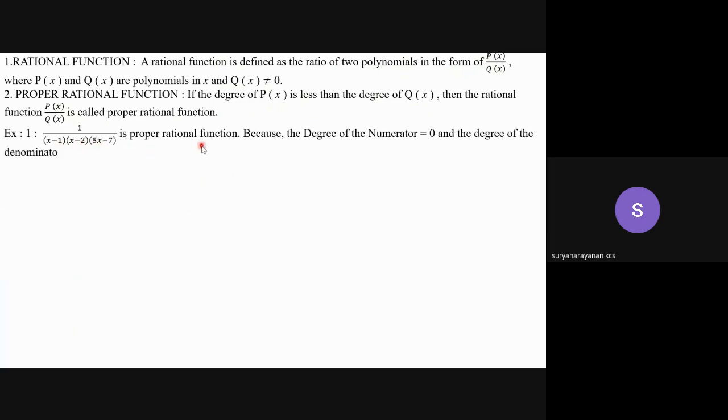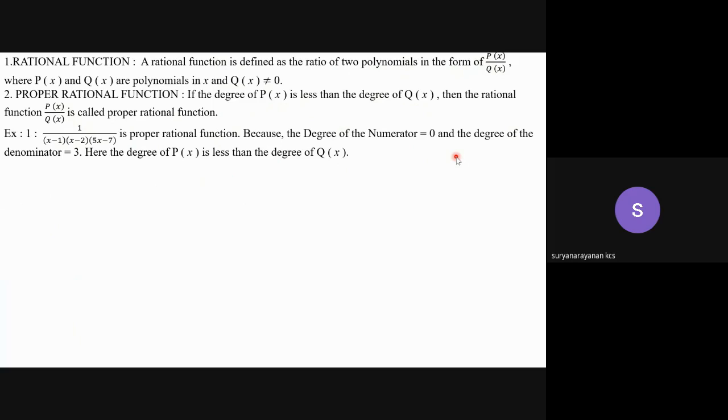This is a proper rational function because the degree of the numerator is 0. What is there in the numerator? 1. So it is also a polynomial, and its degree is 0 because the degree of a non-zero constant polynomial is 0. In 9th class itself, you studied this point.